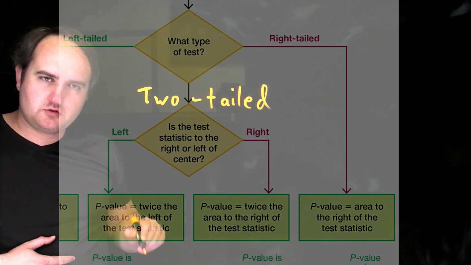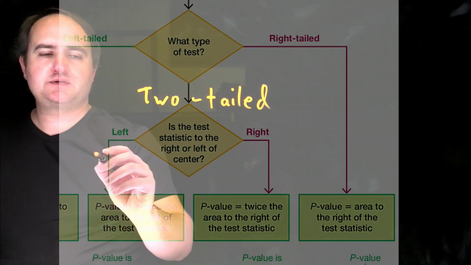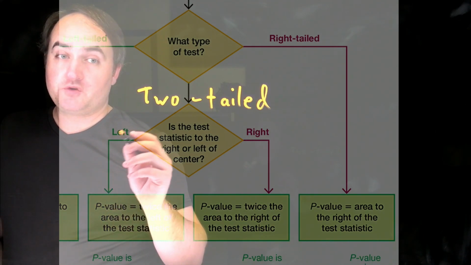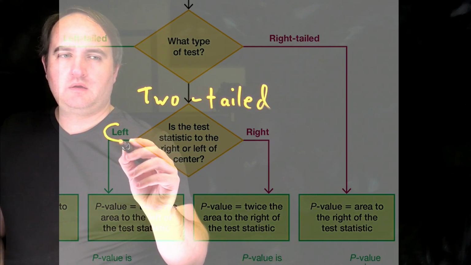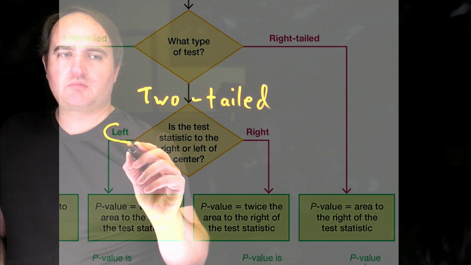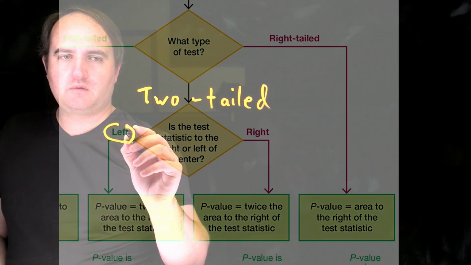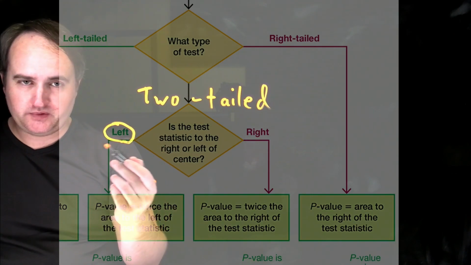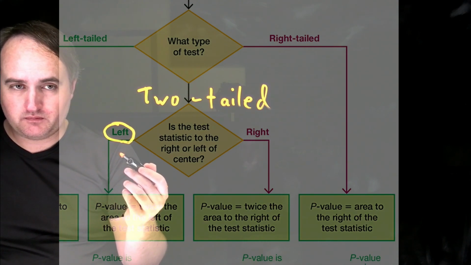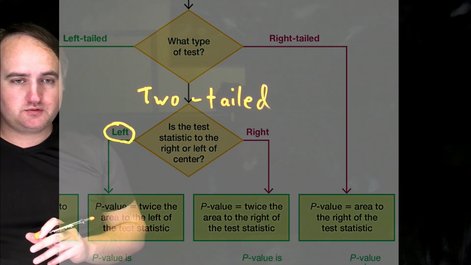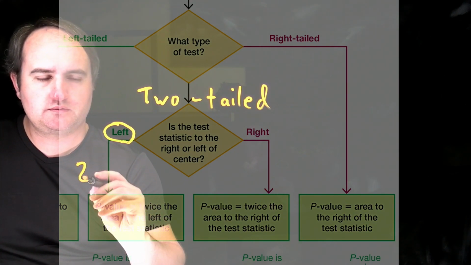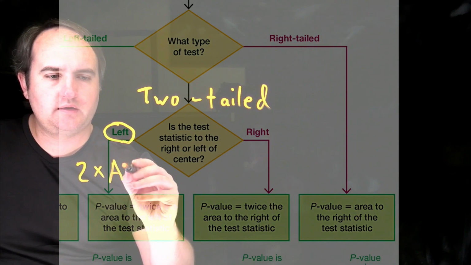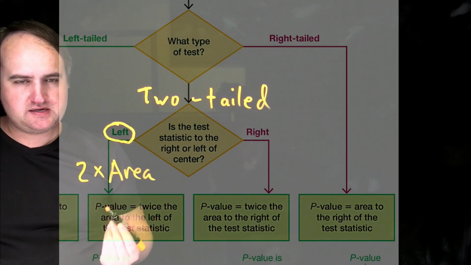So you just do 2 times the area in table A2 if your z-score is negative. So when they say, is the test statistic to the right or left of center? If it's to the left, in other words, if your z-score is negative, then you just do 2 times the area in A2. Okay, so 2 times the area in table A2.